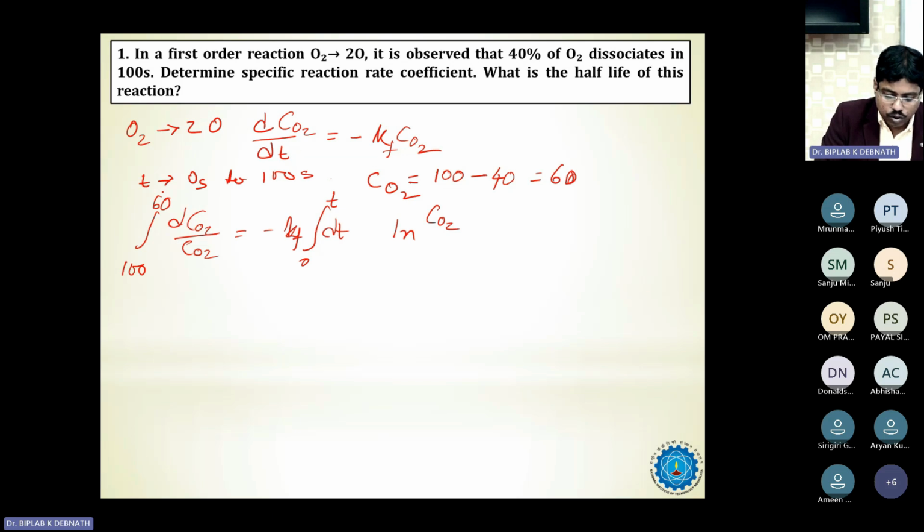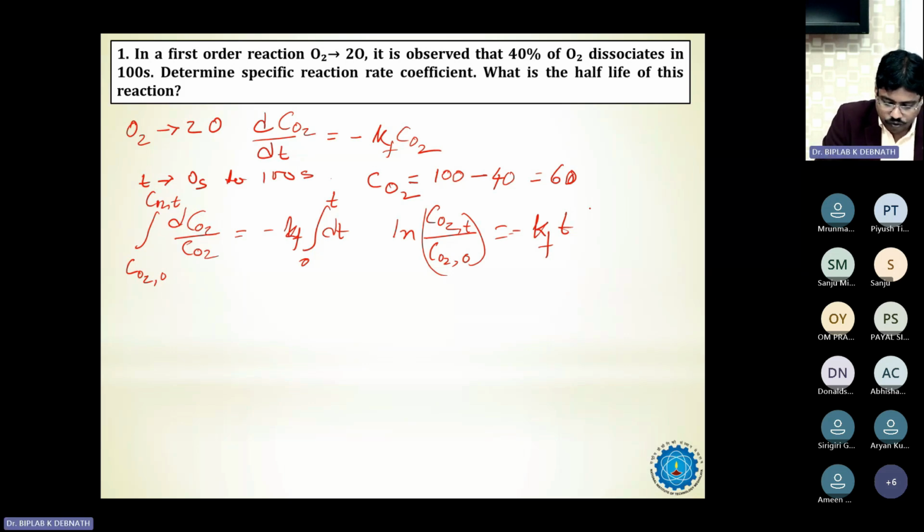Let us write it with the nomenclature, as it will be easier to understand: C O2 at 0 to C O2 at t. So ln of C O2 at t divided by C O2 at 0 should be equal to minus Kf into t.